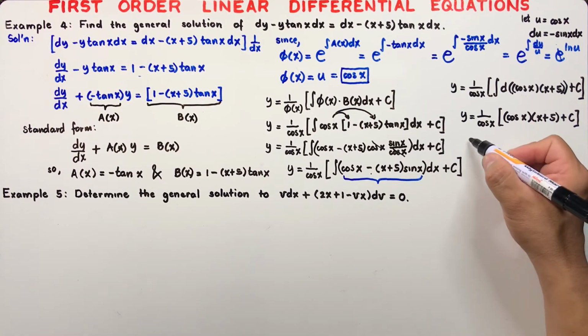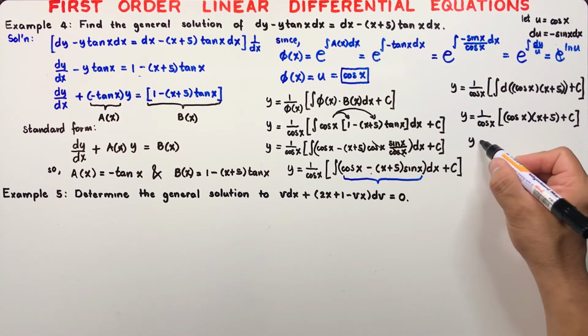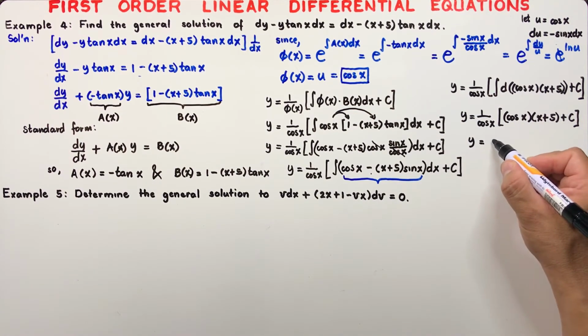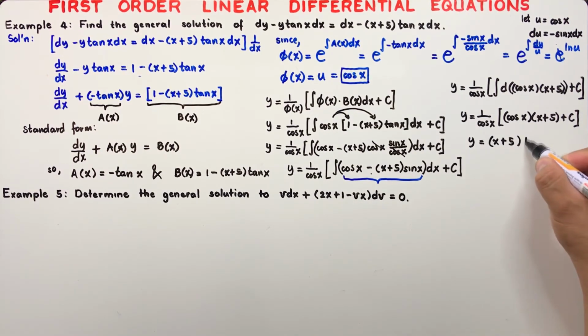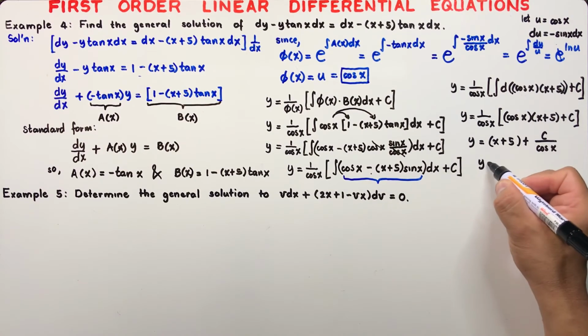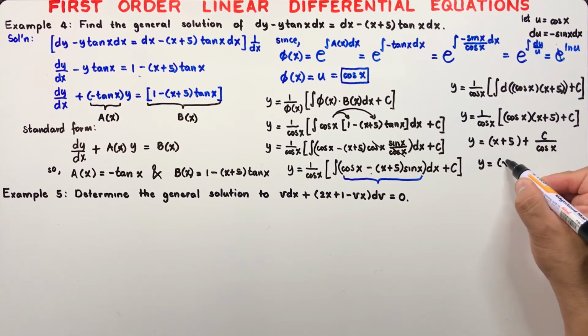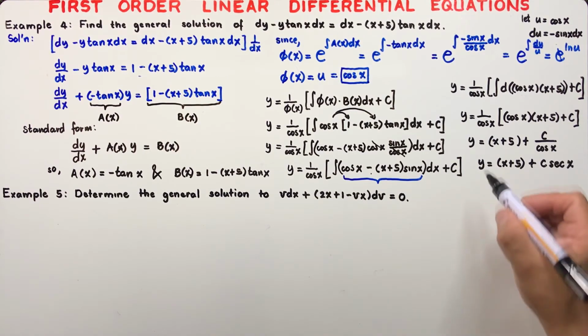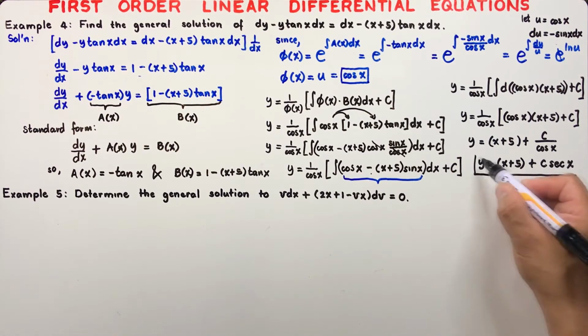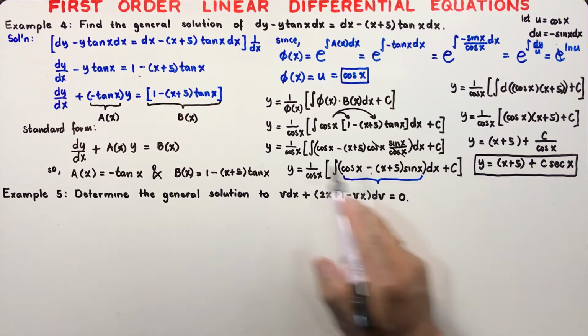So distributing our fraction 1 over cosine, we have y, which is equal to x plus 5 plus c over cosine x. But this cosine x in the denominator can be rewritten as secant x. So this is c times the secant x. And this is our solution for the given differential equation.